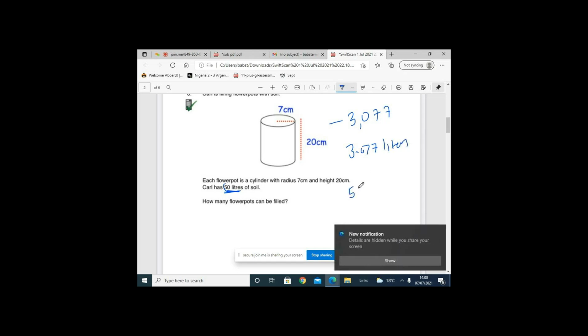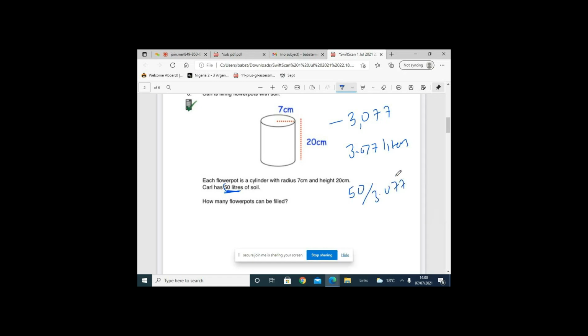You now divide 50 by 3.077. That gives you 16. So you can fill 16 of them.